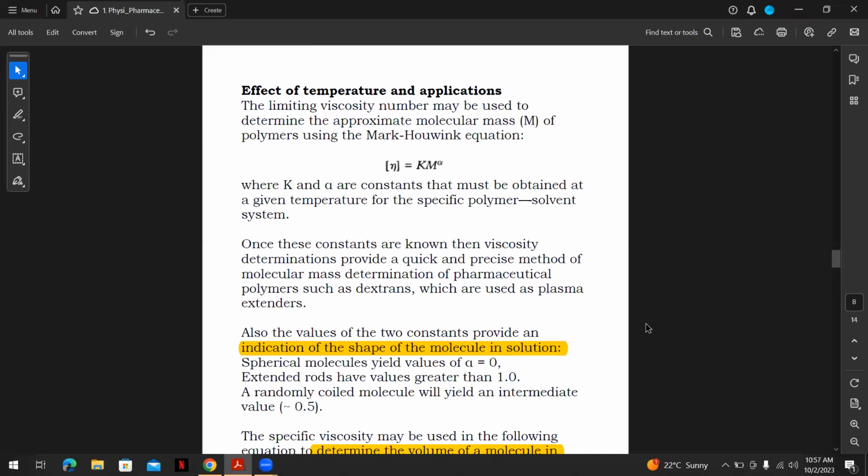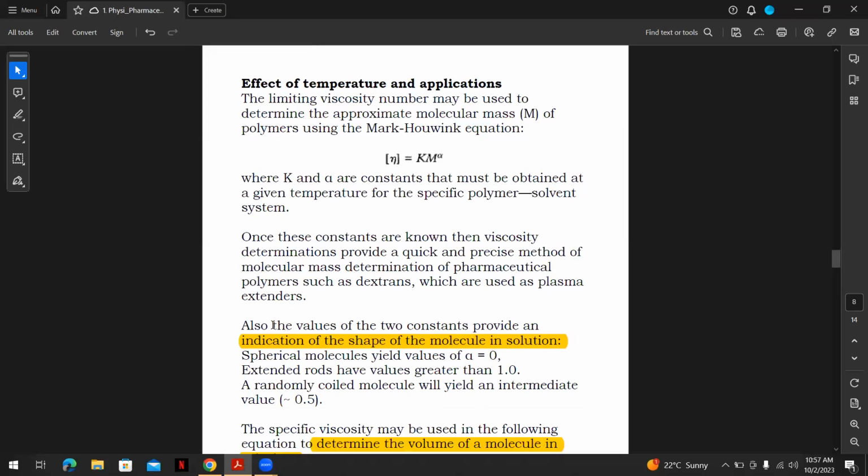Also, the values of the two constants can provide an indication of the shape of the molecule. If the value of A is 0, it's a spherical molecule. If it's greater than 1, it's an extended rod. And if it's a value like 0.5, it's a randomly coiled molecule.